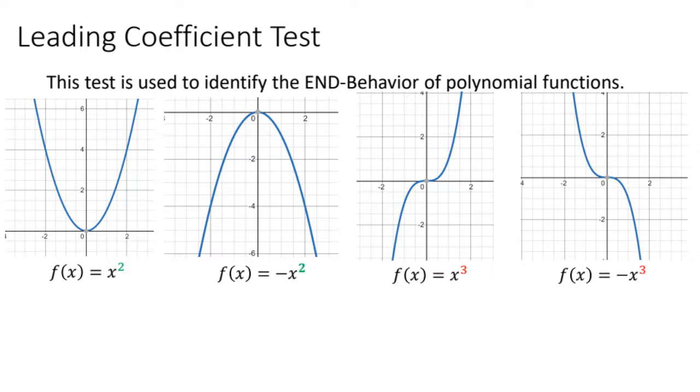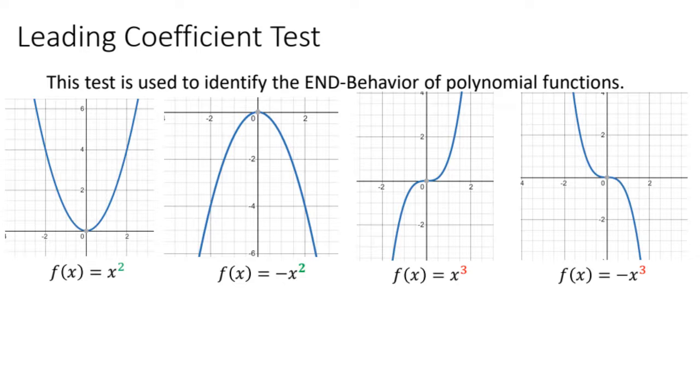The leading coefficient is the number associated with the highest degree of the polynomial. So, for instance, if 2 is the highest exponent in x squared, then that is the degree of the polynomial. The number being multiplied to x squared is the leading coefficient.